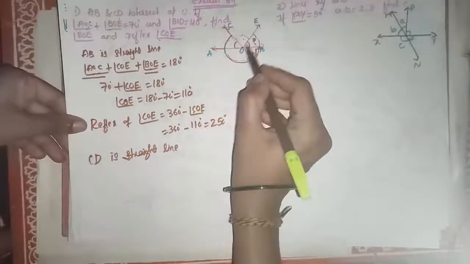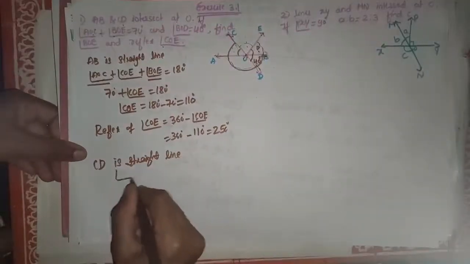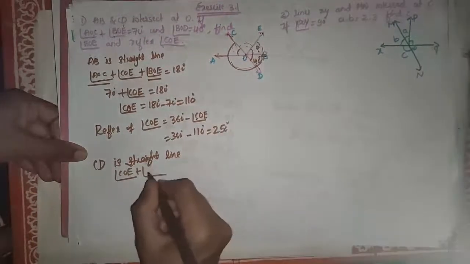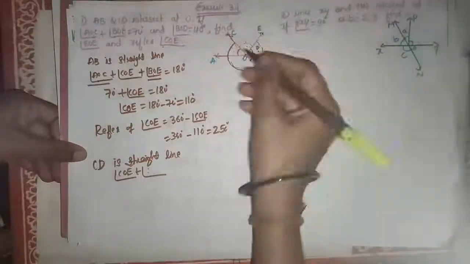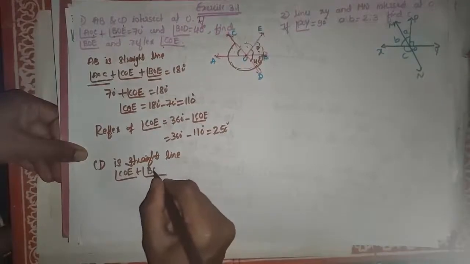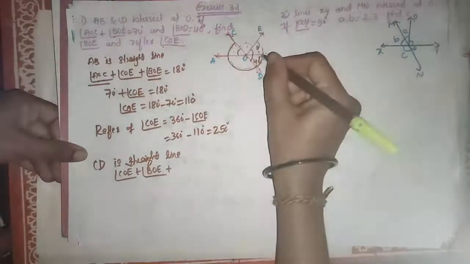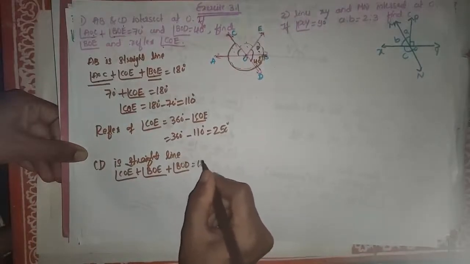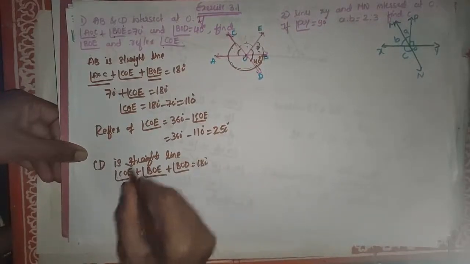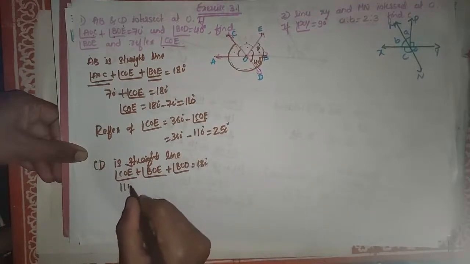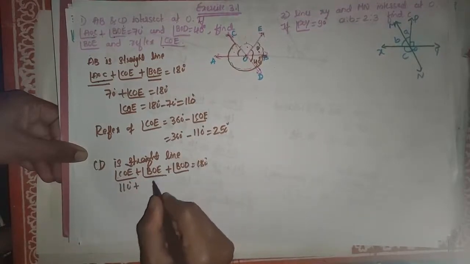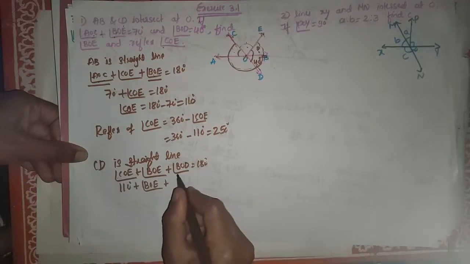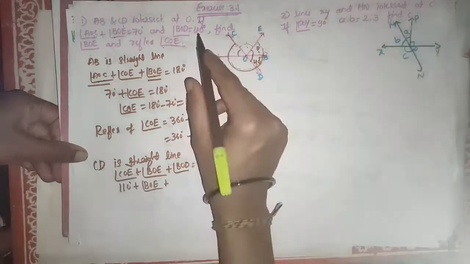The angles are COE plus EOD, that is BOE, plus BOD equals 180. So COE, we know this is 110 degrees. BOE, we don't know this one, I just write it down as it is. Then BOD. So BOD is how much? 40 degrees.